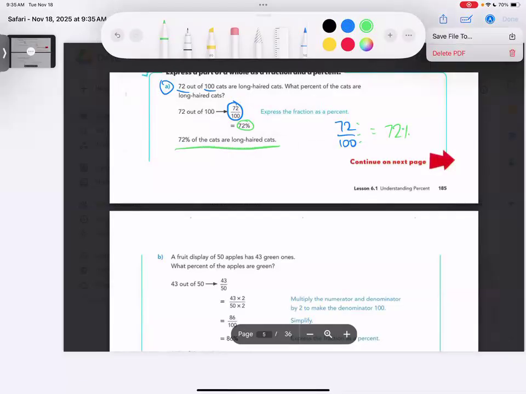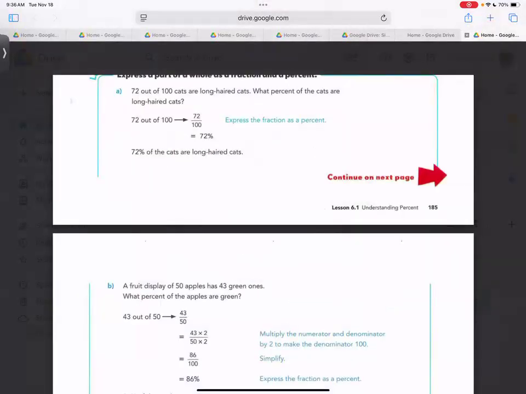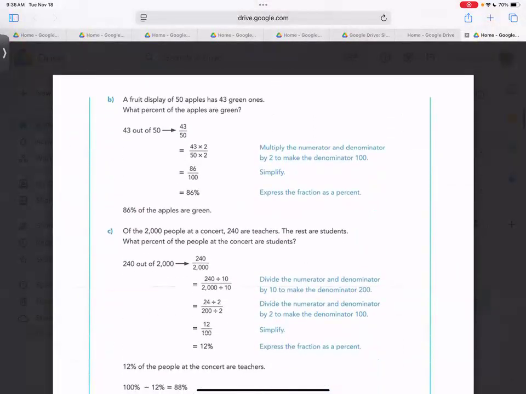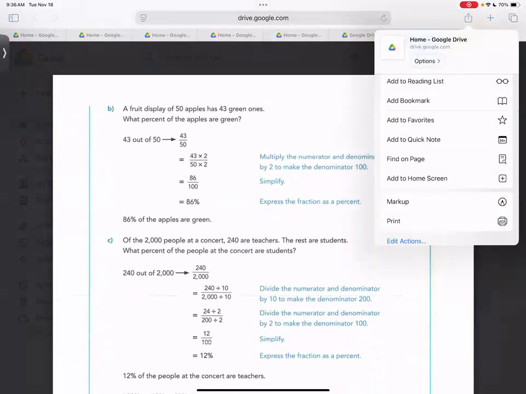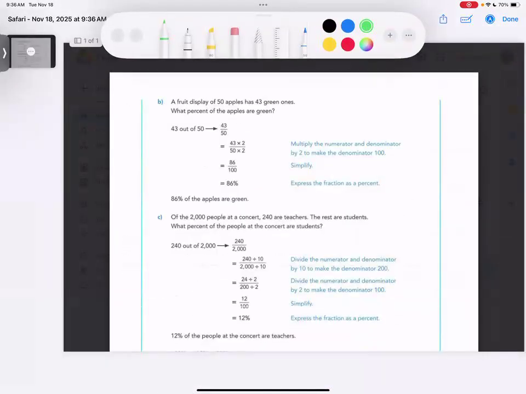Now, if I go to our next example, it's slightly different, and this is where we start to find equivalent fractions to find out our percentage. So B: a fruit display of 50 apples has 43 green ones. So what percent of the apples are green? Well, it's 43 out of 50. If you have 43 out of 50, you want to figure out how many percent.